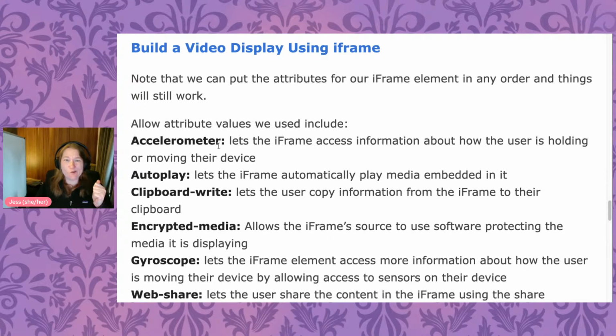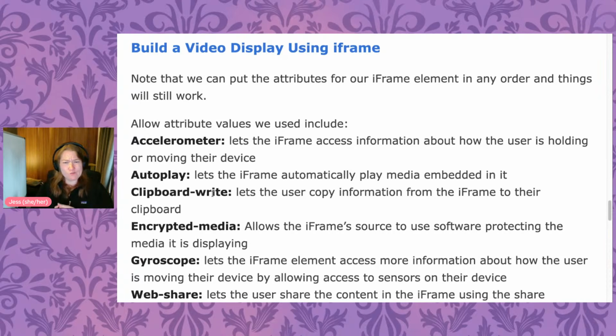So accelerometer lets the content in the iframe access information about how the user is holding or moving their device. Am I moving? Lets it check for that. Autoplay, if the content in the iframe is something that can be played, an MP3 or a video, will give permission for that media to automatically begin playing if your user has set it up that way.